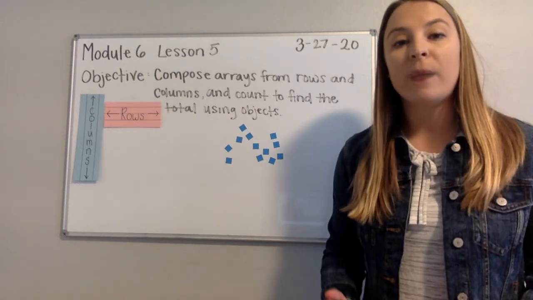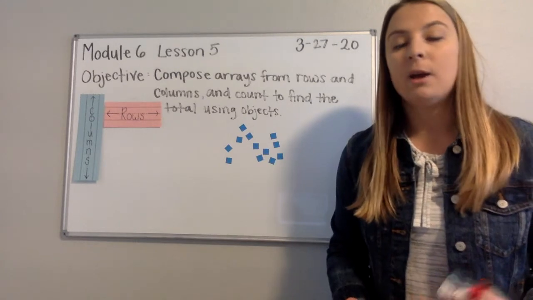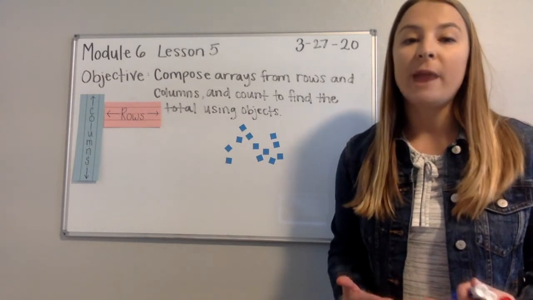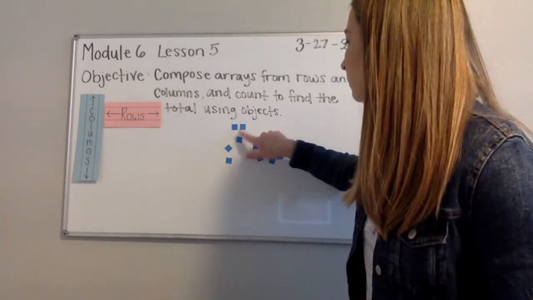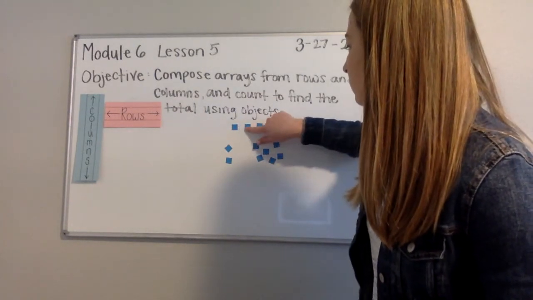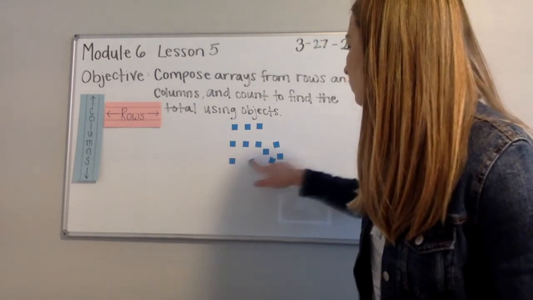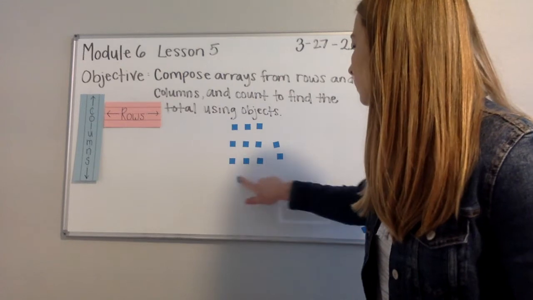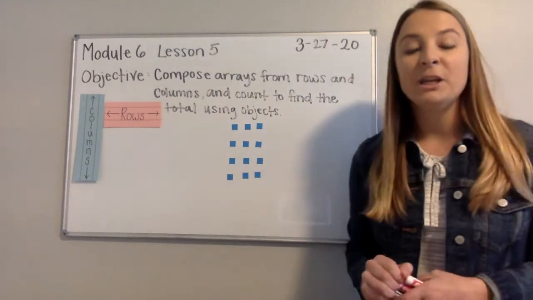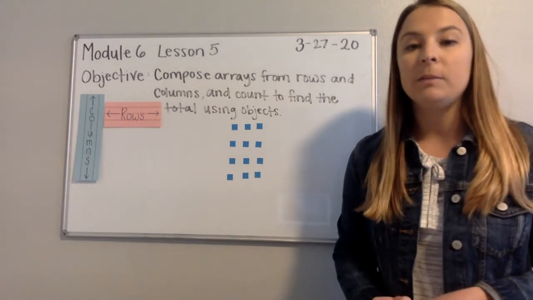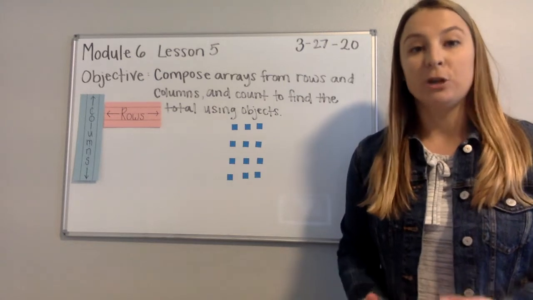If you come up with an array that's different than mine, that's okay, or you can match the one I make. So quickly go ahead and move your 12 counters into an array with rows and columns. Okay, when you're done with your array, you should very clearly be able to see the rows and the columns that you have created using your counters.